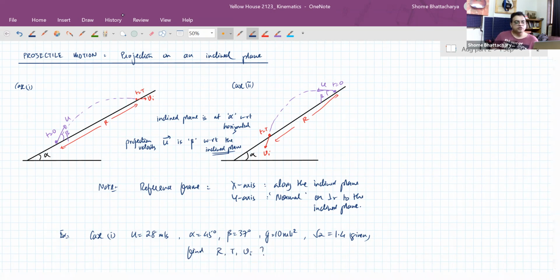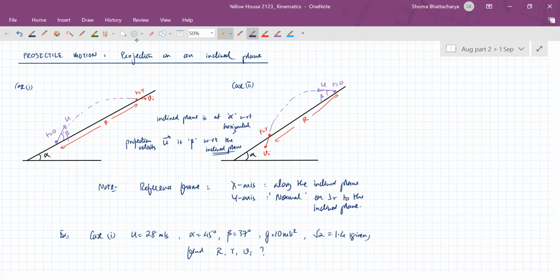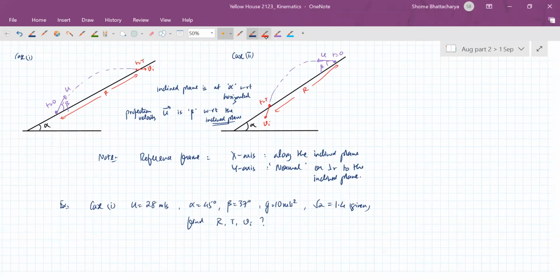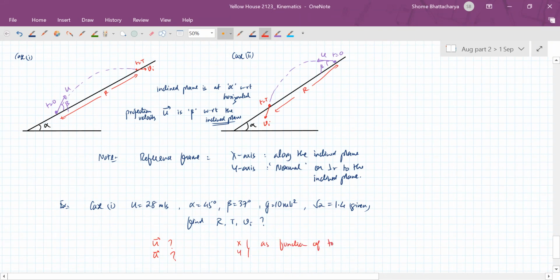So try to set up the coordinate frame yourself. We will discuss. What I want you to do is follow the instruction for the reference frame as I've given. First of all, express u in component form and acceleration in component form. Then you can write x and y as functions of time. That will be the next step, and then from that we will solve for all these things.